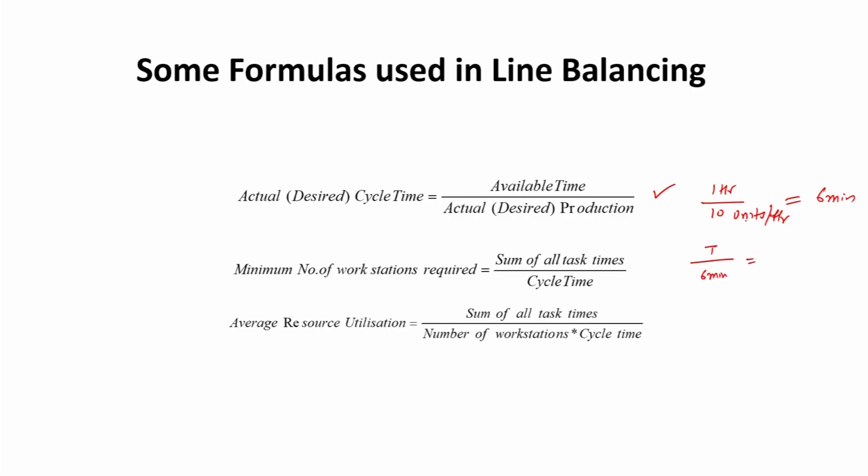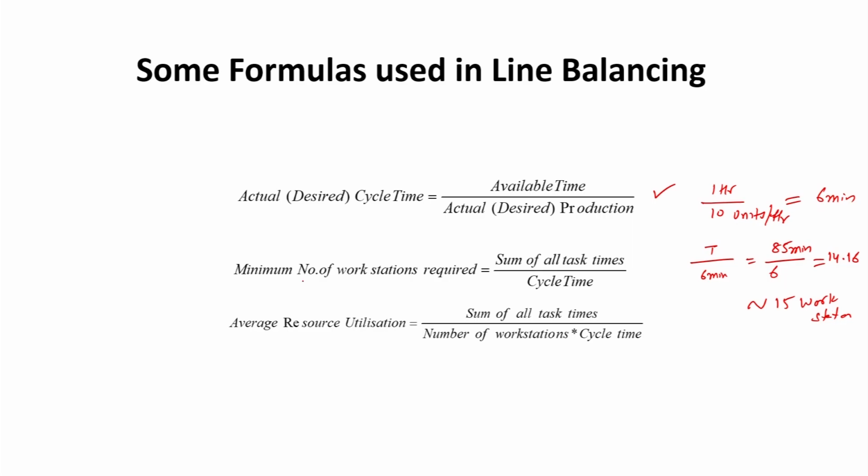Suppose the total assembly time required is 85 minutes, and in each workstation we are assigning 6 minutes of task. So, I require 14 point something, so minimum 15 workstations are required to perform this task.